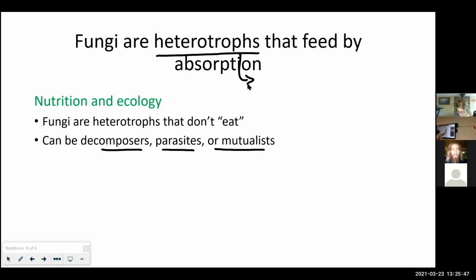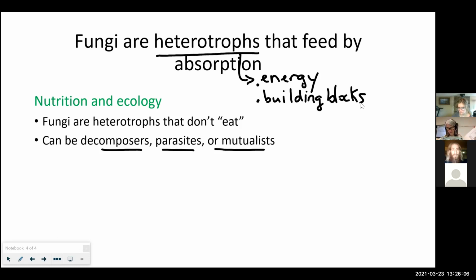Heterotroph refers to how you get your energy and your building blocks. This is a term about energy and essentially the carbon source, the building blocks, carbon-based molecules, the molecules of life. So autotroph means you get these building blocks from inorganic places, and usually you get your energy from the sun.